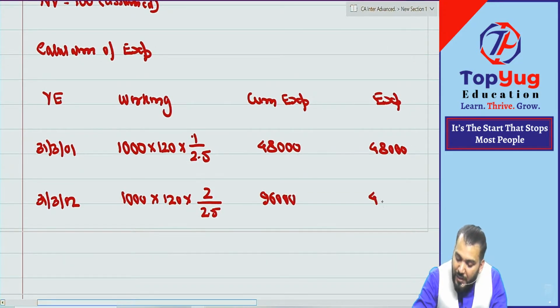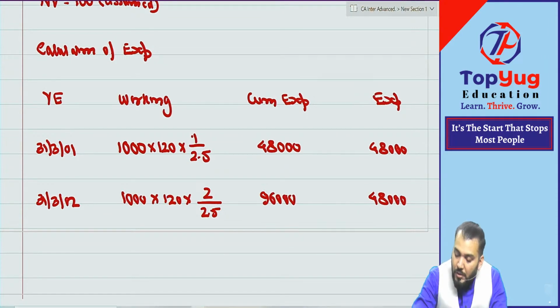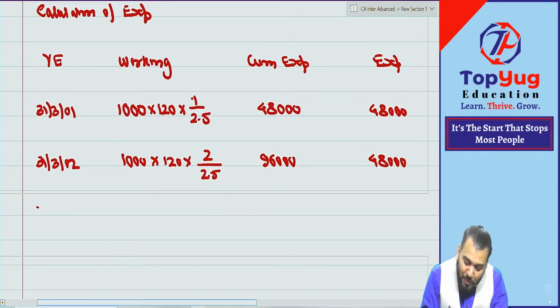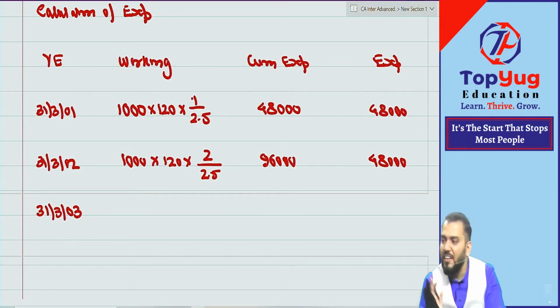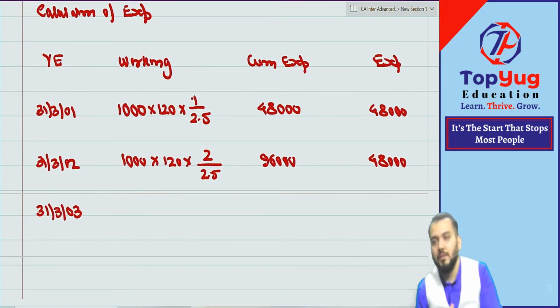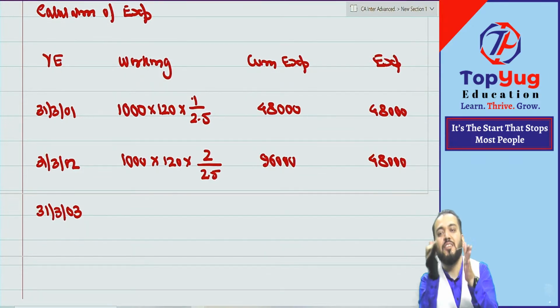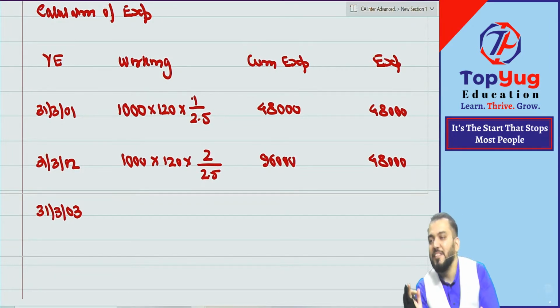And this will be 48,000. But the last date will be what? Year end will be 31st March only, because we recognize expense for that particular year. Expense will be recognized at year end, na?